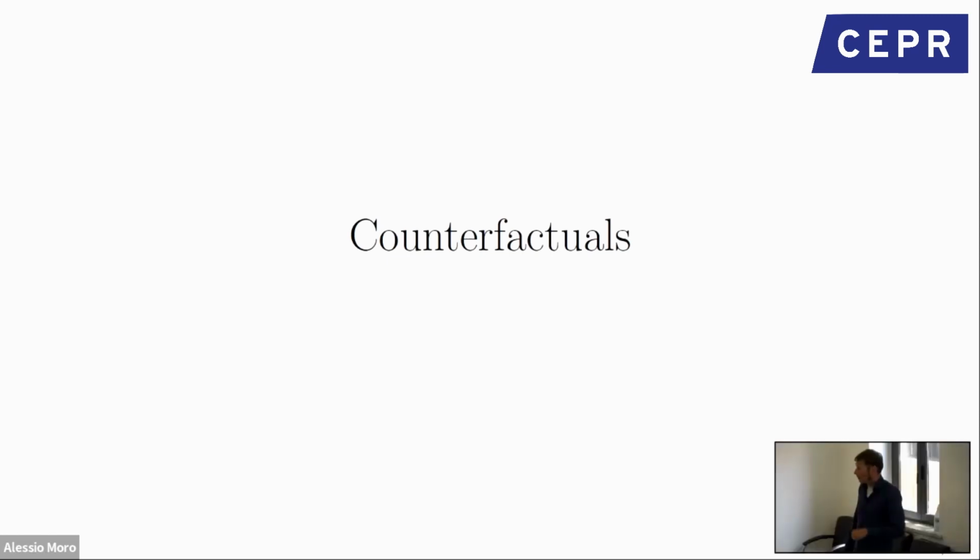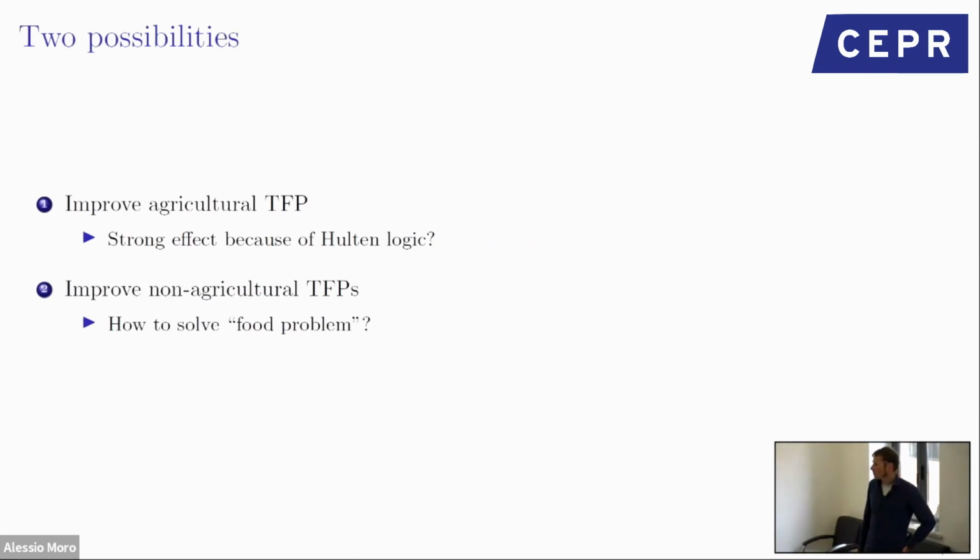And yeah, the last thing I wanted to show you are now counterfactuals. We are particularly interested in two counterfactuals here. One is, suppose you improve agricultural TFP. You take a poor country like Burkina Faso and increase TFP in agriculture to the level of the US. What happens? Does this country become rich?